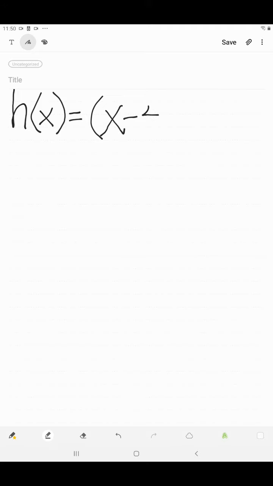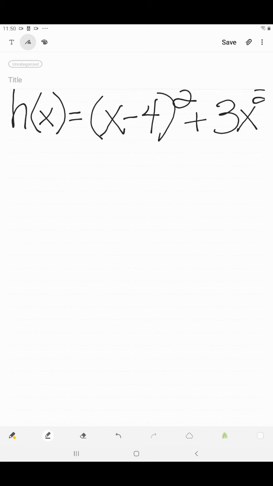Let's say we have a function h of x equals (x minus 4) quantity squared plus 3x squared. Okay.